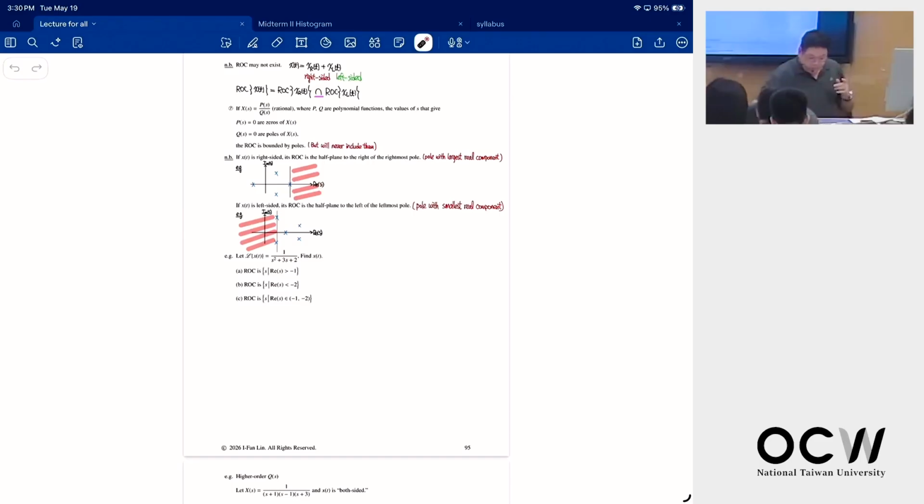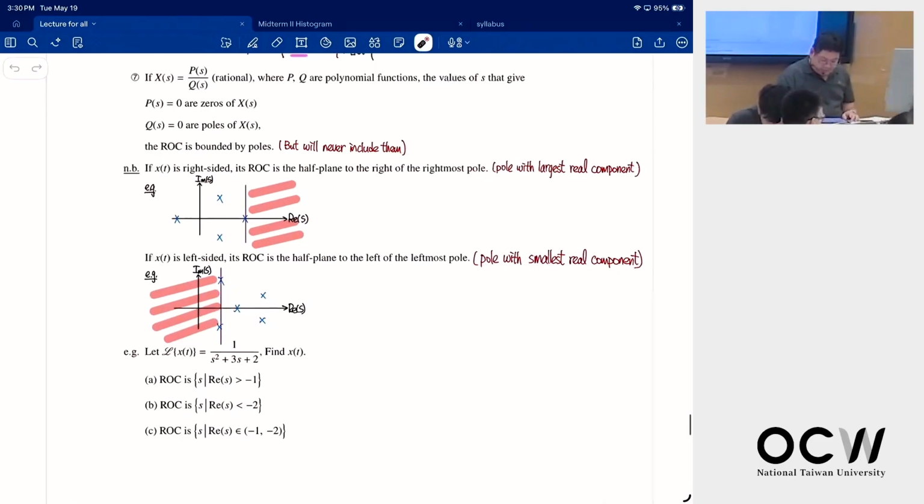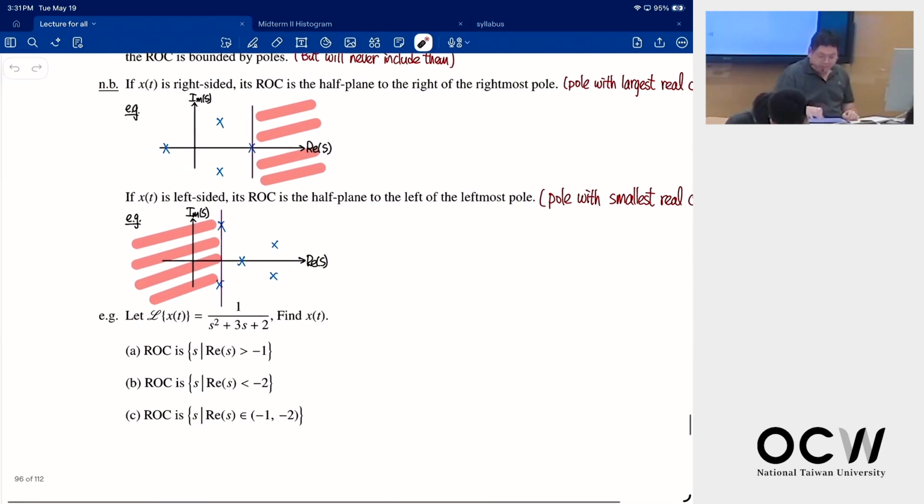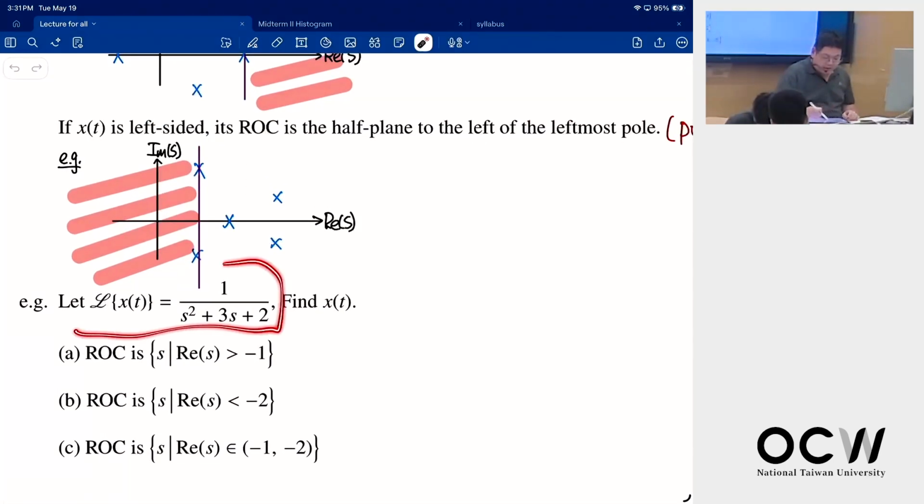Alright, let's continue. So here's the example. My Laplace transform is here, but I want to find the signal. Remember that for Laplace transform, even though I give you this answer, that's not enough. Different region of convergence will affect your signal.